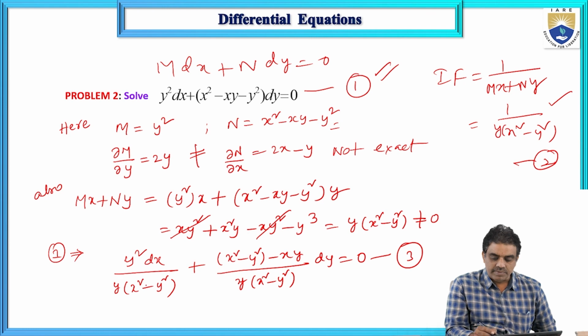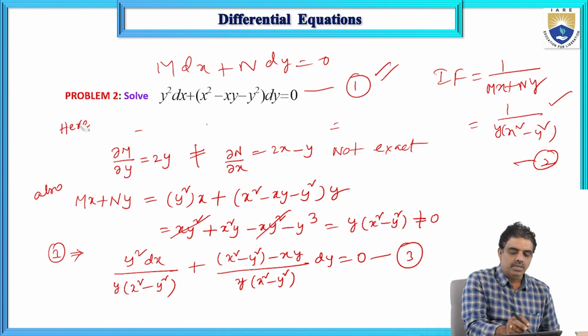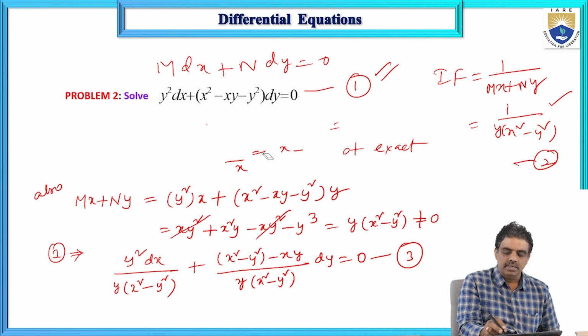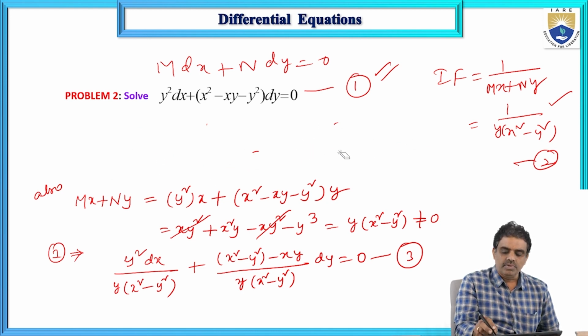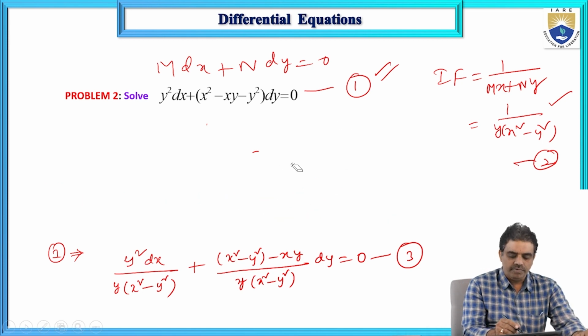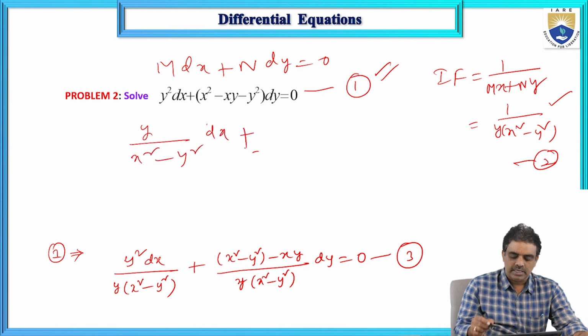So this equation can be rewritten. How can I write it? I will show. Here y gets cancelled, and then we get y by x square minus y square into dx as the first term.